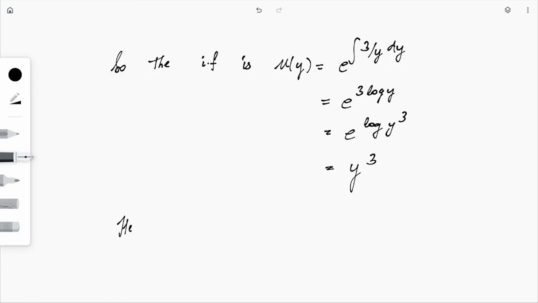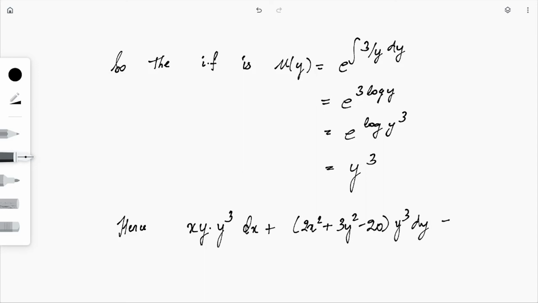Hence x y³ dx plus (2x² plus 3y² minus 20) y³ dy equal to 0 is exact. So you can verify it if you want to, but it is exact.